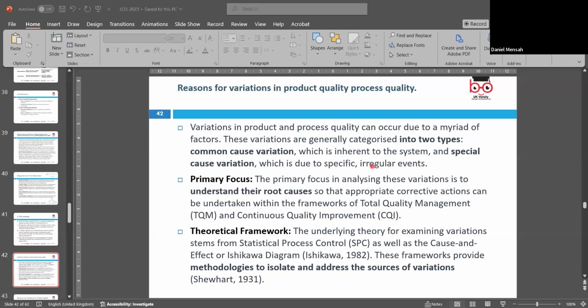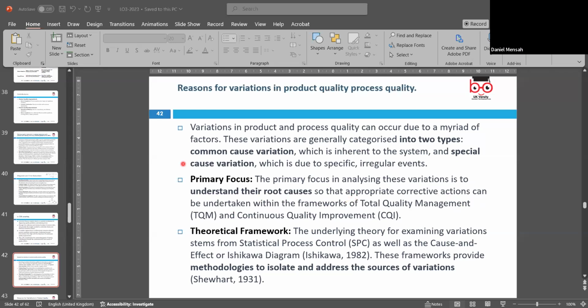But when we talk about special cause variation, these could be specific irregular events or external factors, maybe the temperature or the lighting, that can disrupt the normal process, and often it results in defects or anomalies or abnormalities in your outputs.